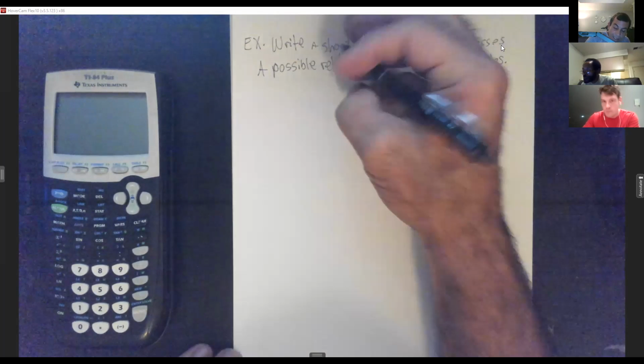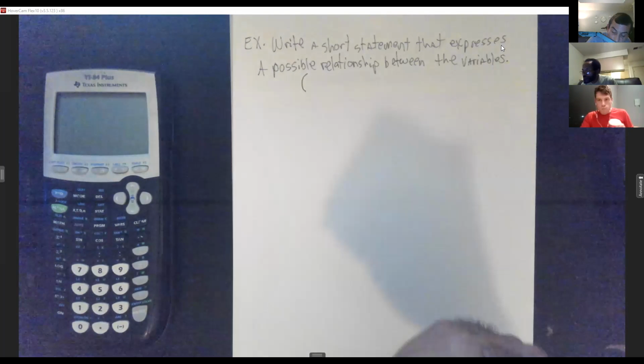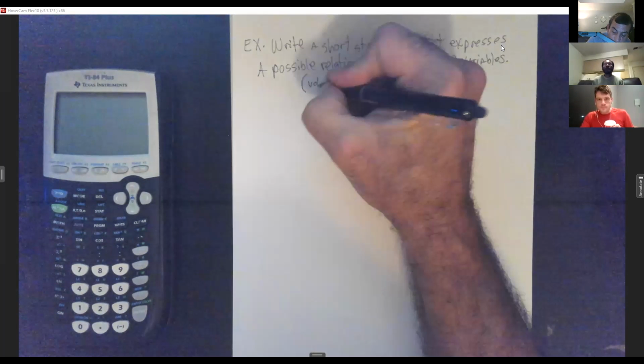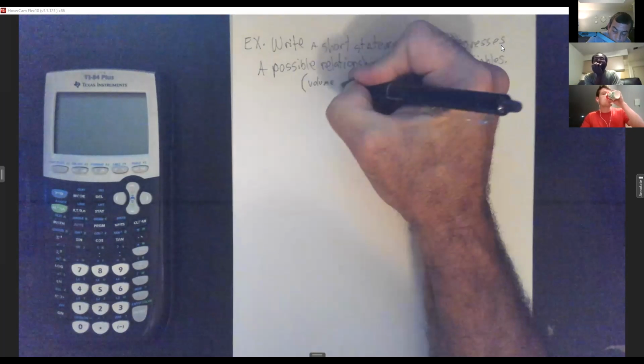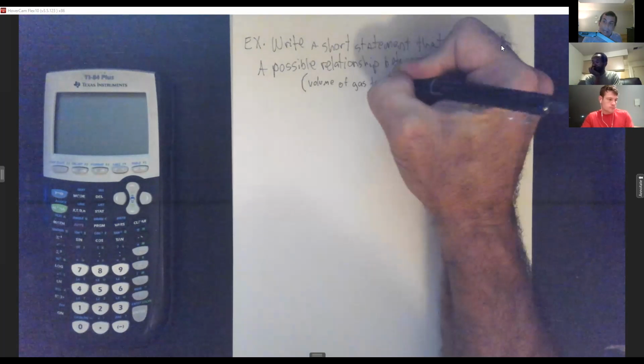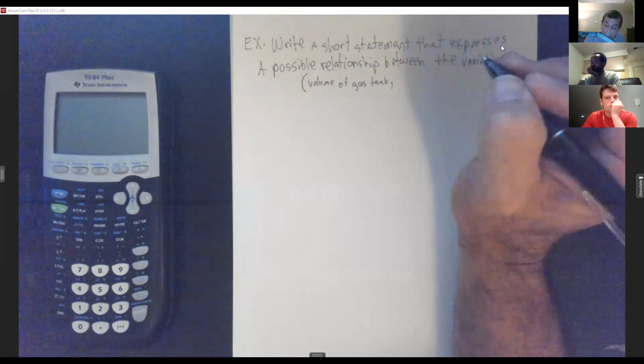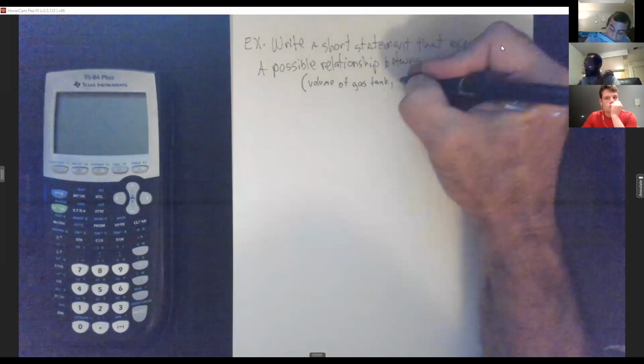All right, so they're basically giving me an ordered pair, and this one says volume of gas tank. That's my independent variable. My dependent variable is my cost to fill the tank.